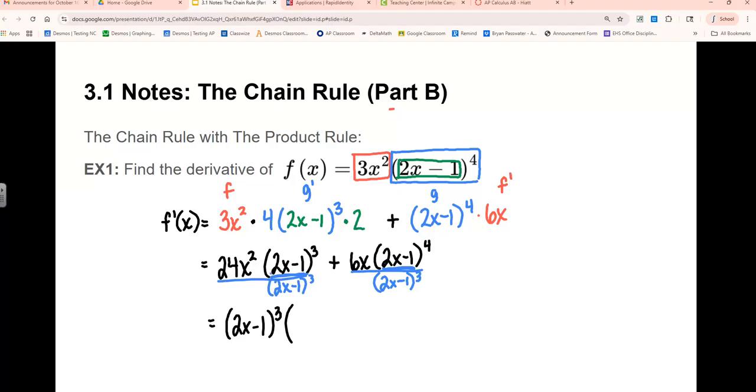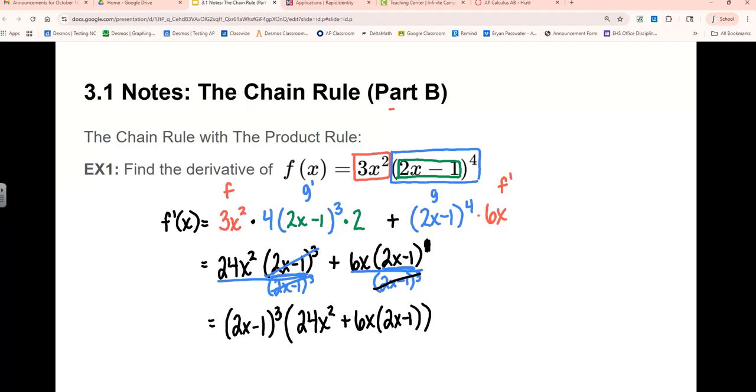So, right here, that just cancels out, and we get 24x squared. Over here, they don't all cancel out because I have 4 of these things on top. I've only got 3 of them on bottom, so these 3 cancel with all but 1 of these here. So right here I get 6x times 2x minus 1.